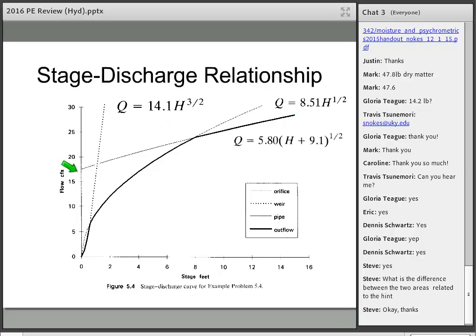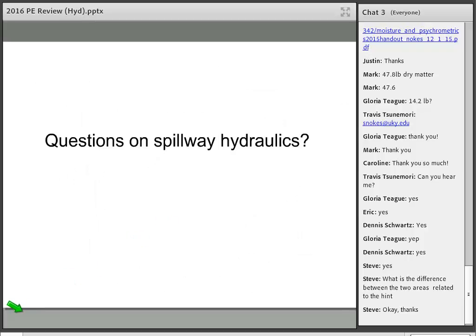And the pipe flow equation comes out, hits the axis appropriately for the square root of 5.8 times h plus 9. That's how you do it. You'd end up with 3 different equations, and they just transition from one to the other as the water got deeper in the reservoir. Questions?